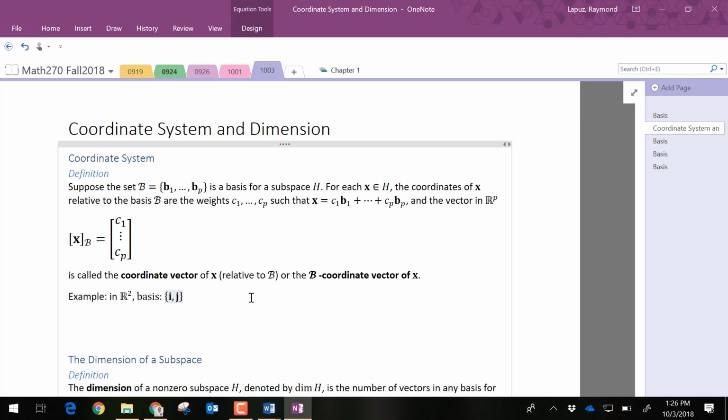Now, if you give me any point or any vector, technically a vector, but it's really a point. If you give me any point in R2, it can be written as a linear combination of I and J, right?